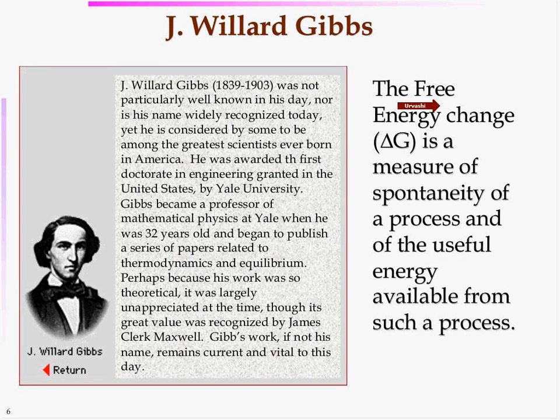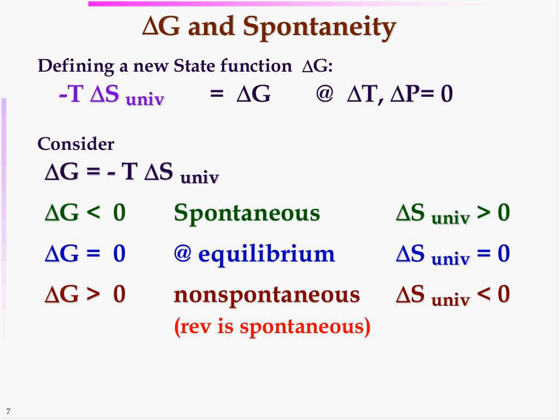So this quantity measures the spontaneity of a process and the useful energy available from it. Next, minus T delta S universe is delta G, defined when there is no change in temperature and no change in pressure. Both these quantities are kept constant.